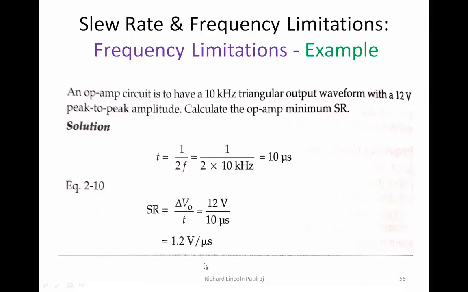And the value of slew rate also changes, right? So how much is it? 12 divided by 50. We should be getting about 0.24. Are we getting about 0.24?